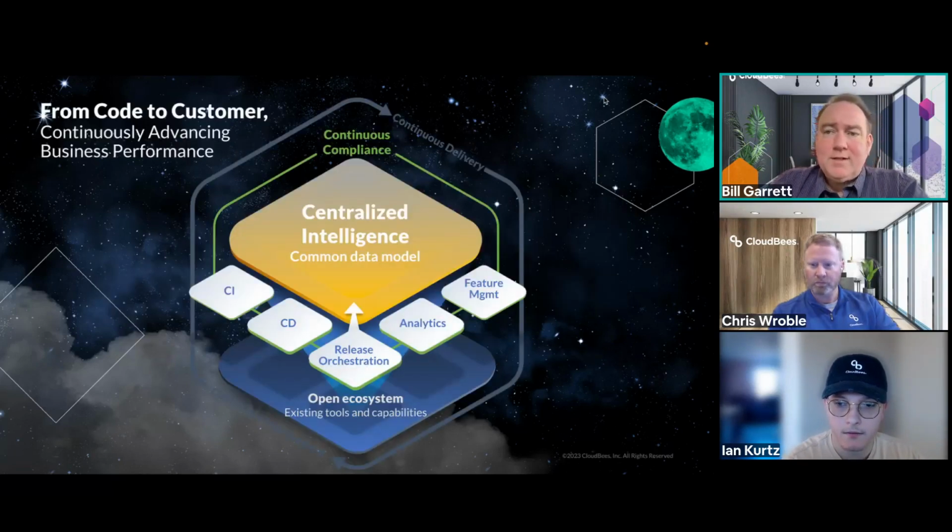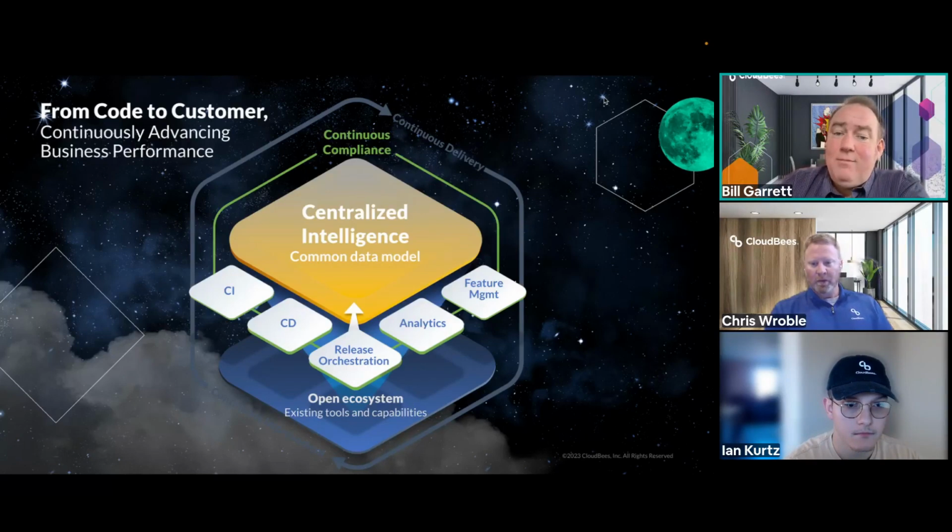A lot of people ask, by the way, what is CloudBees? CloudBees is a DevSecOps platform company. What that means is for the process of getting your product from code to customer, we help you automate, accelerate, and analyze what you're doing.